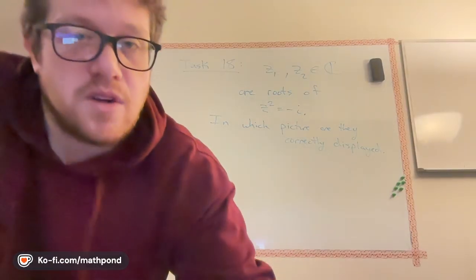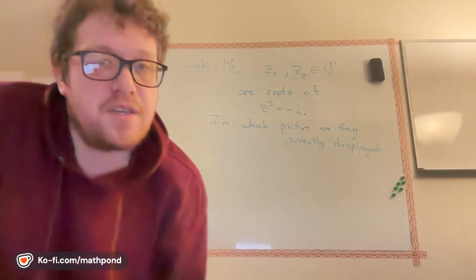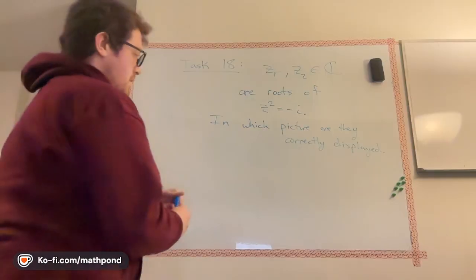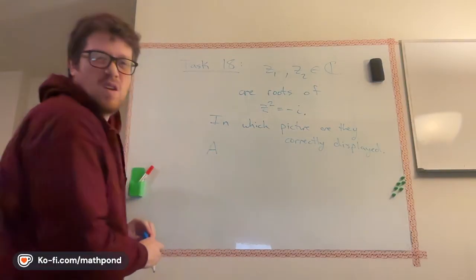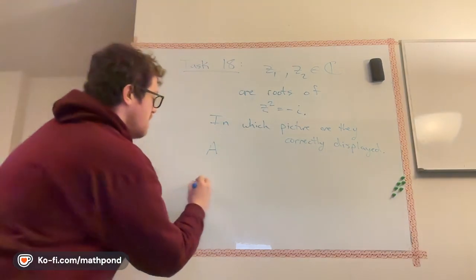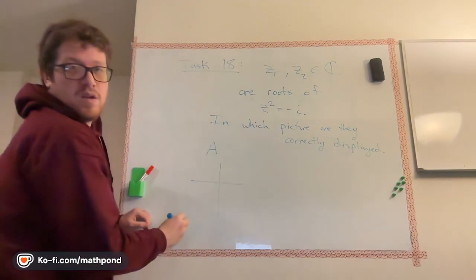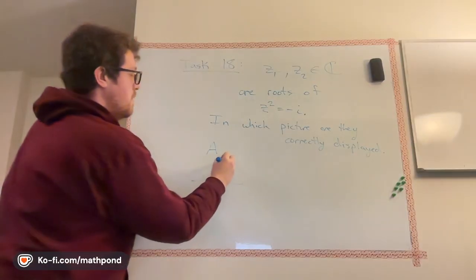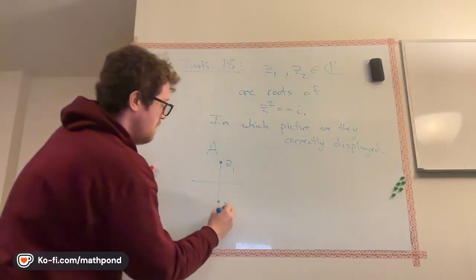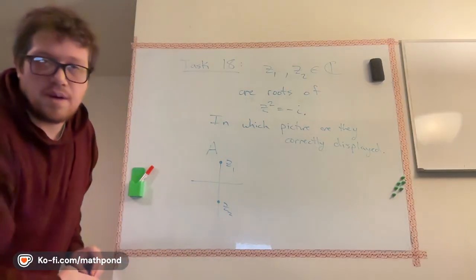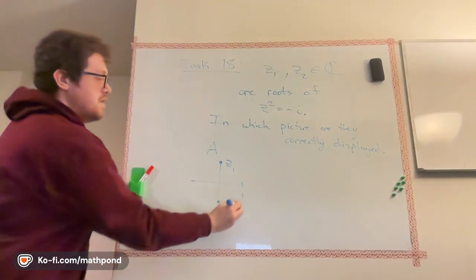Okay, so let's draw some of these pictures. So it says A, B, C, or D. A looks like this. So Z1 is here. Z2 is here. And they kind of don't give us numbers other than that, like 1 is over here.